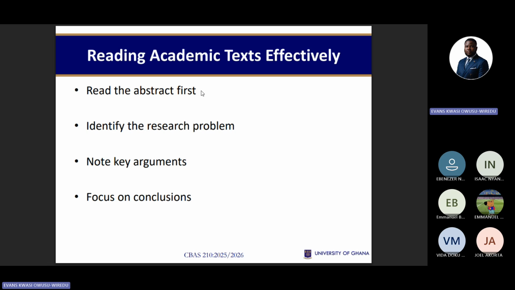Then the next one is what? You need to know the key argument. So what is it saying and what is it not saying? Or what is it saying and what are other people saying against it? When you know these opposing arguments, you have placed yourself in a very good position to understand.